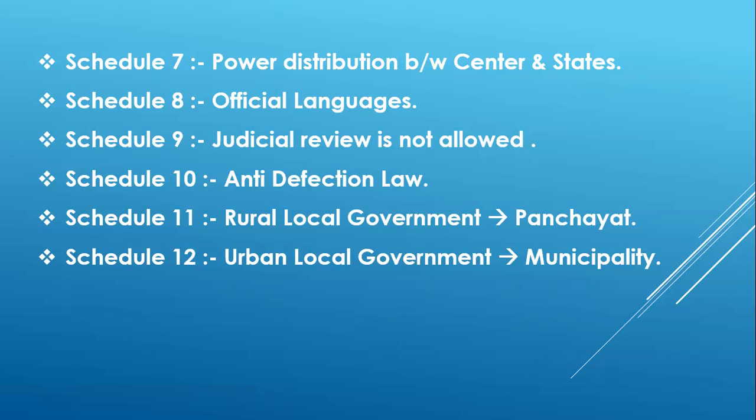Now what are the provisions? If any MLA or any MP leaves his parent party, his original party, and joins any other party, then he has to leave his post, meaning he has to lose the membership of the house. MLA means Member of Legislative Assembly and MP means Member of Parliament. For example, many MLAs along with Jyotiraditya Scindia left the Congress and joined the BJP.